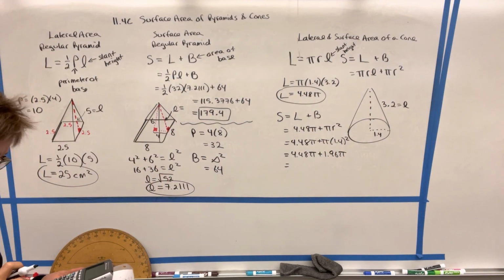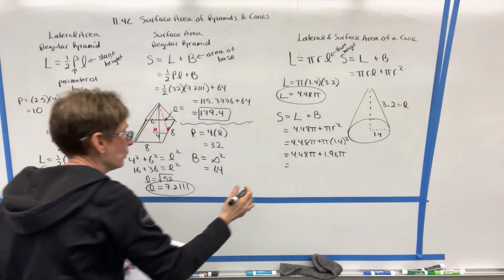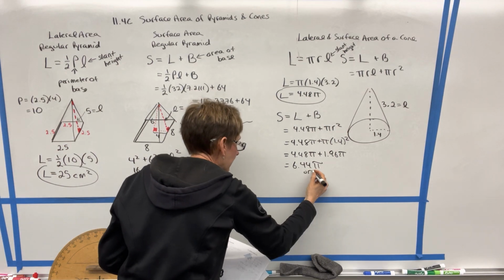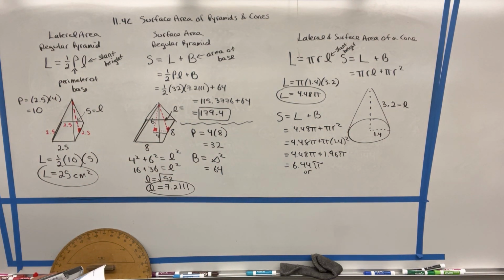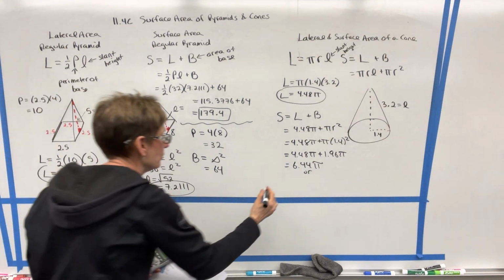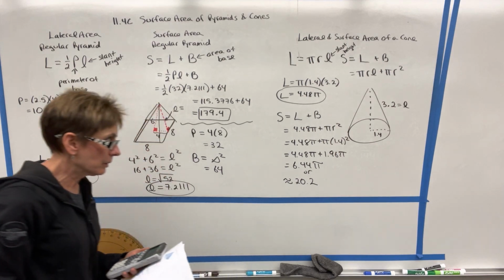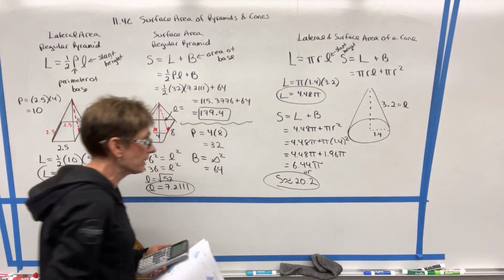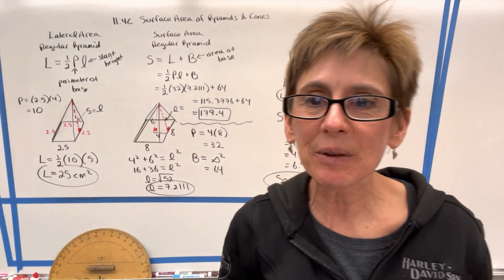If I want to add those together, I'm going to end up with 6.44 pi. Or if I want to turn it into a decimal and use the pi button on my calculator, I'm going to get about 20.2. So either way would be good, but that would be your total surface area for the cone. All right, we're finally done with section 11.4.